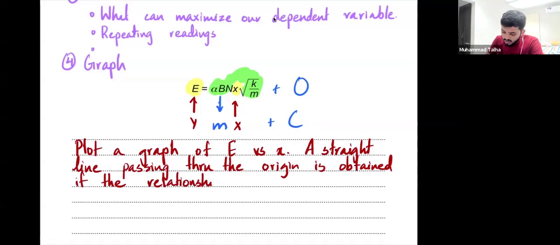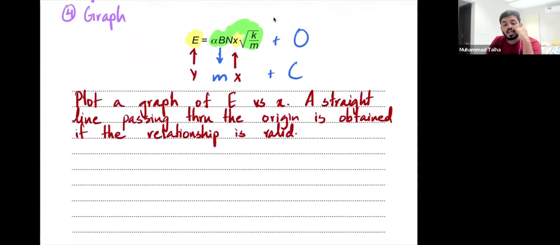Also, something else that you will find in almost every examiner report, the examiner criticizing the students, is that even the ones that do identify what the gradient is often leave it at that. Some people would just be tempted to write alpha B n root k over m, and that's where it ends.